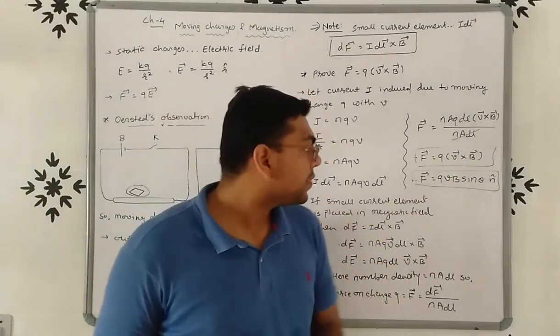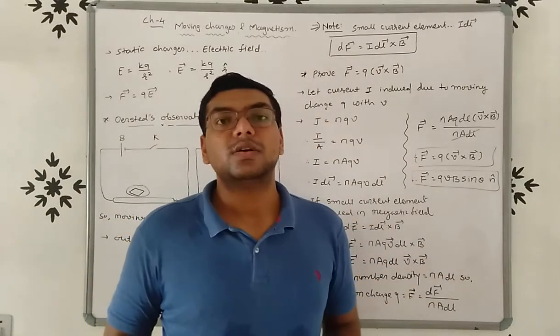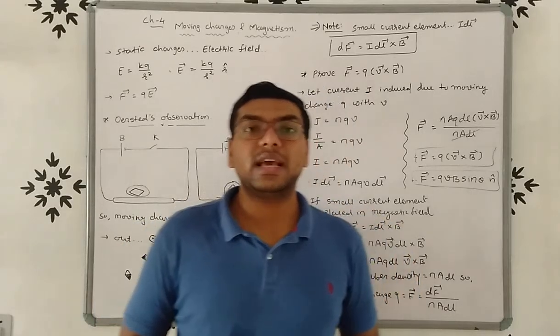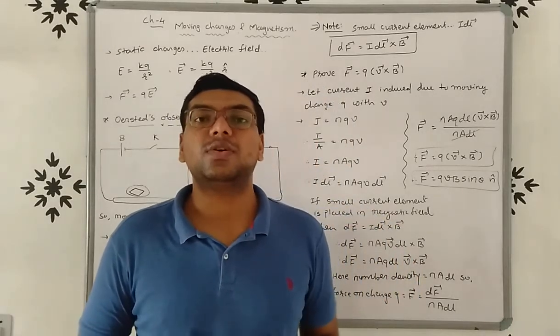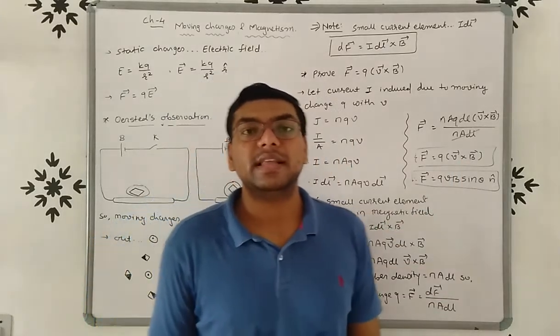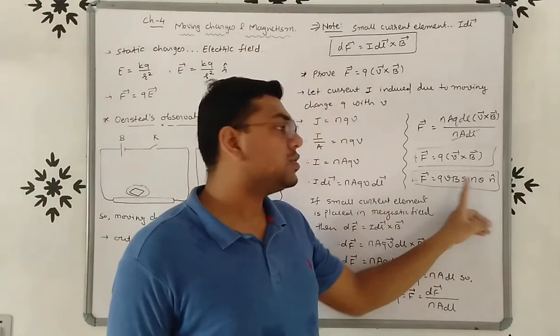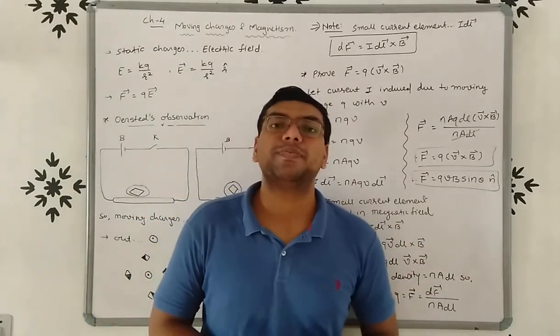Third feature: here theta is the angle between V and B. If the angle is 0, or we can say if the directions of V and B are the same, then theta is 0, and sin 0 is 0, so force will be 0.